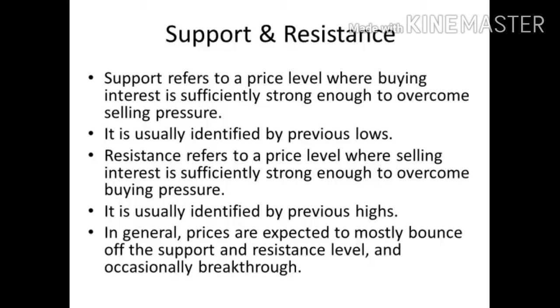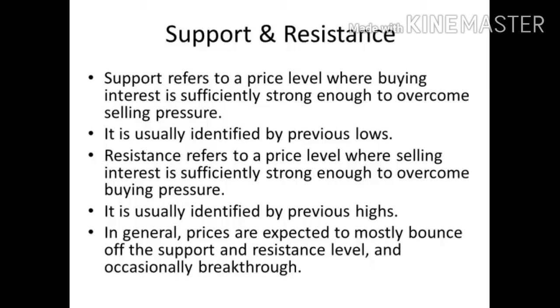Resistance is exactly the opposite of support and works in the same way. Resistance refers to a price level where selling interest is sufficiently strong enough to overcome buying pressure. So now we're going to look at prices going up, and resistance occurs when lots of people start selling at a particular level that prevents the price from going through that level, i.e. there's a resistance to the price from continuing upward.